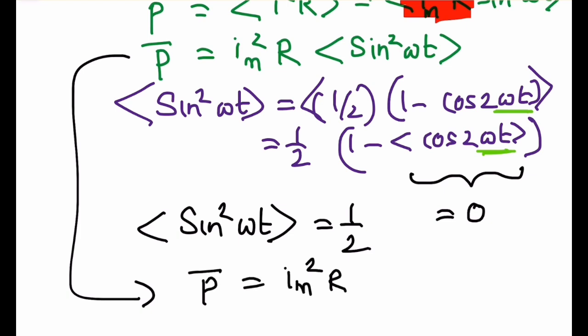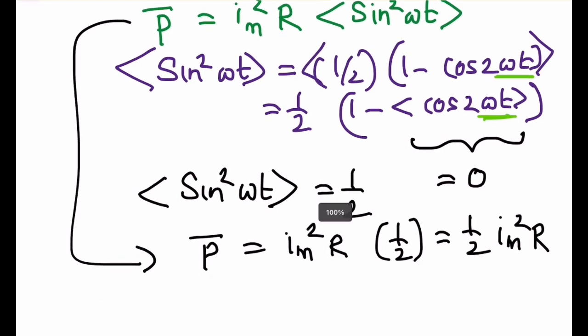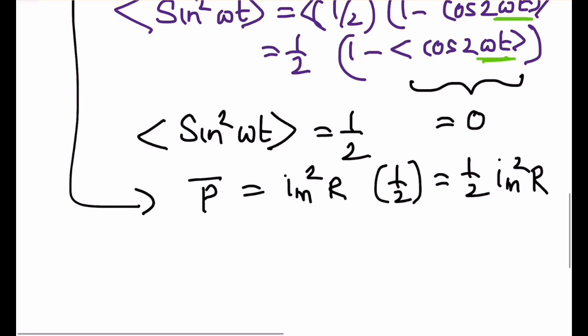Therefore it will become half Im square R. Now you can write the power equation: P, the average power over a full cycle in a pure resistor circuit, is half Im square R. So this is the power equation.